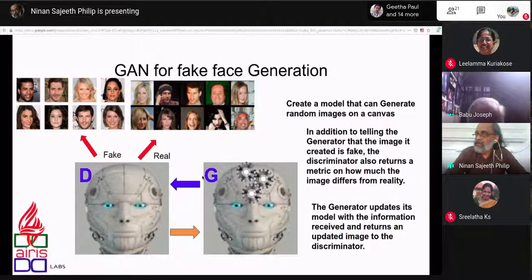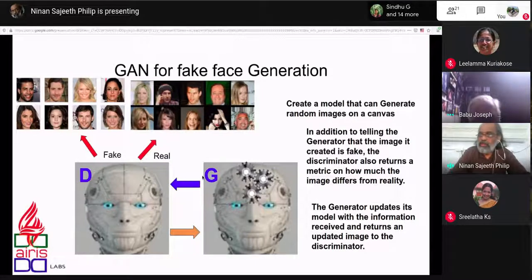So the generator updates with information received from the discriminator and returns a new, updated image back to the discriminator. Of course, the discriminator finds that it is not up to the mark, so it will message back to the generator that it is not what it wanted.